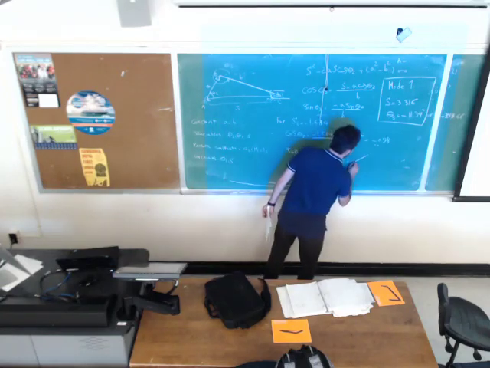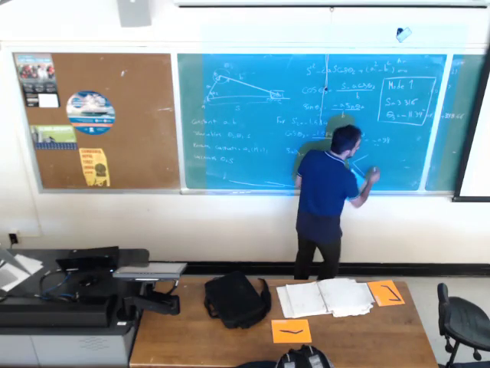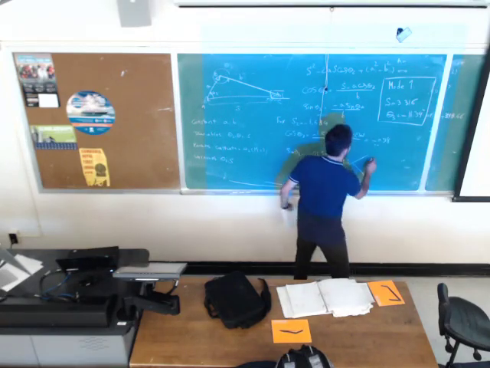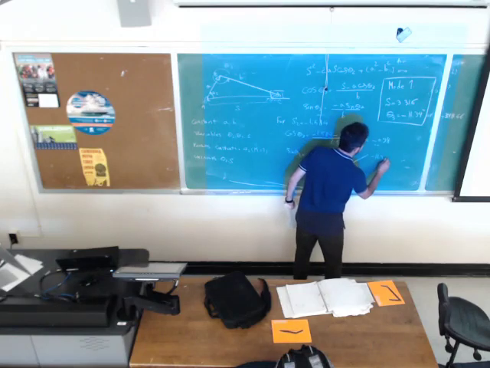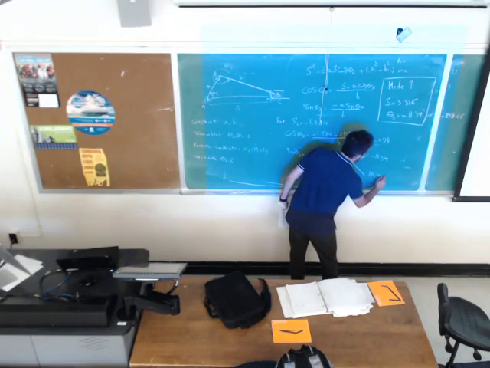So for this one, we still get negative 11.34, 191.34.